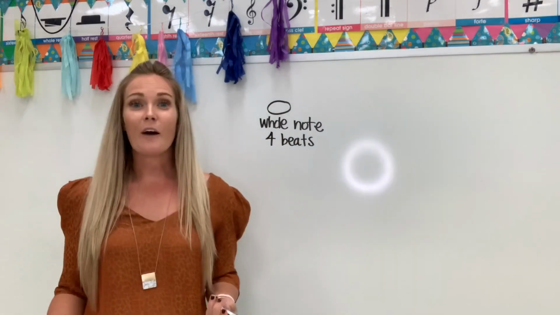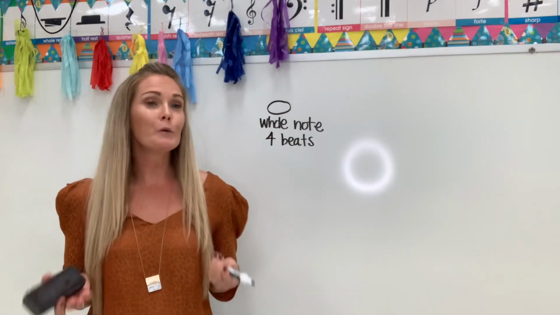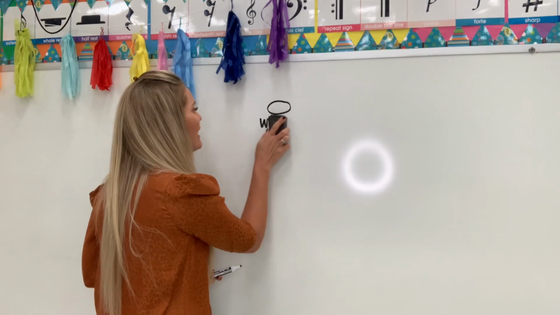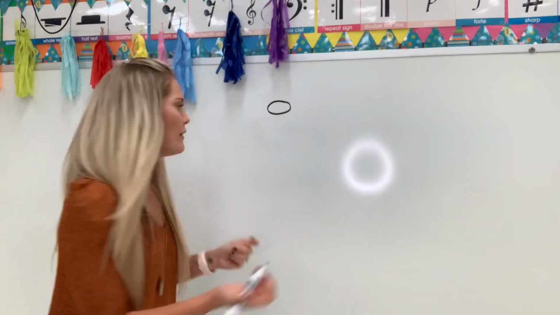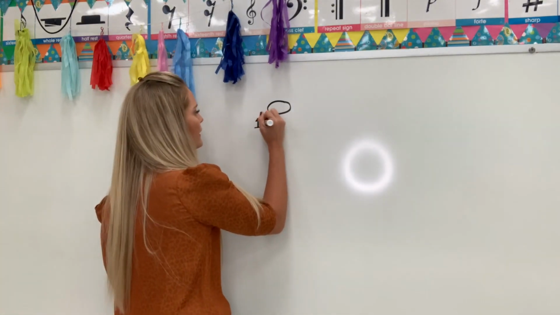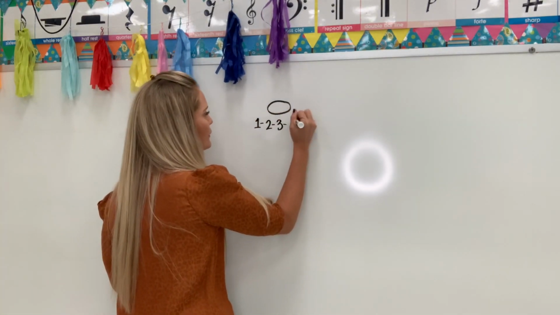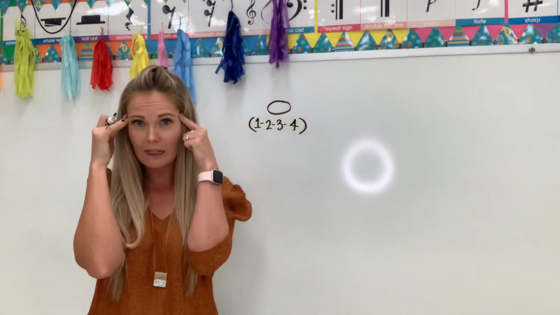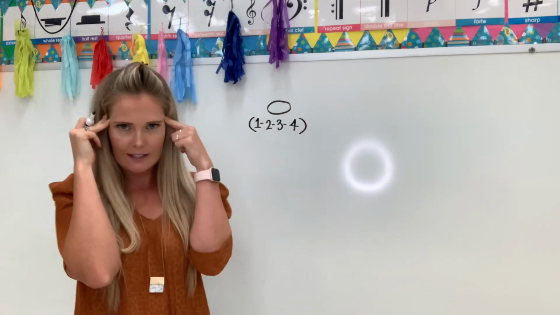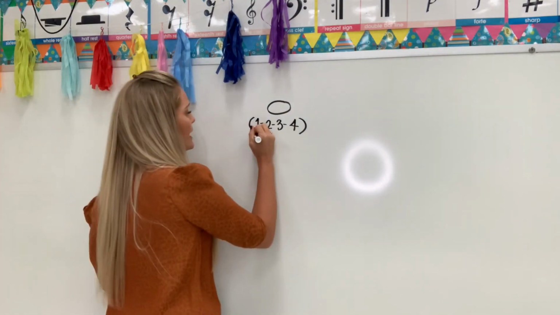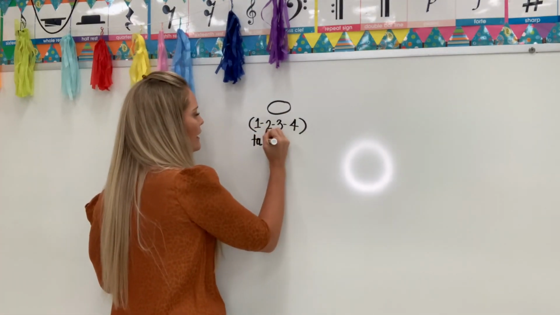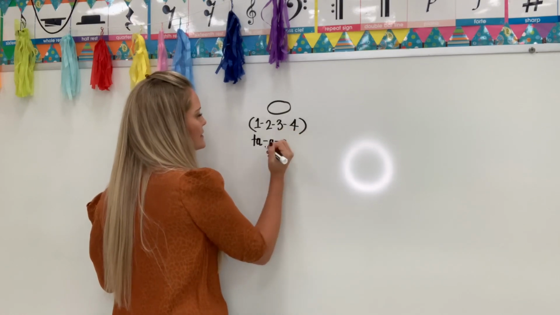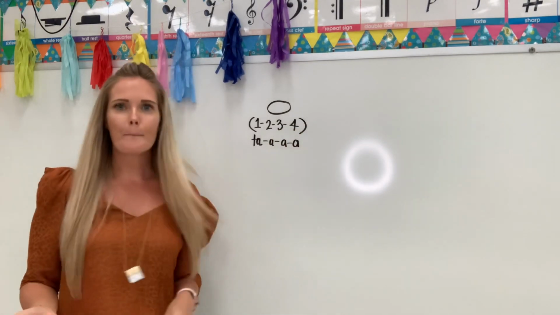Very good. Now, the way we're going to count this whole note is not really by using numbers. You're gonna imagine the numbers in your head. So I'm gonna draw the numbers on the board. 1, 2, 3, 4, but I'm going to put a parentheses around them because we're gonna think the numbers. We're not gonna say the numbers out loud. What we are going to say is the word ta, and we're gonna stretch it out for 4 beats.